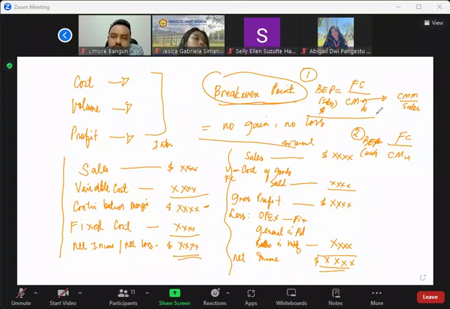Do you have your book with you? You may open it. So let's go straight to our formula, just the calculation. Why do we need this cost-volume-profit analysis?